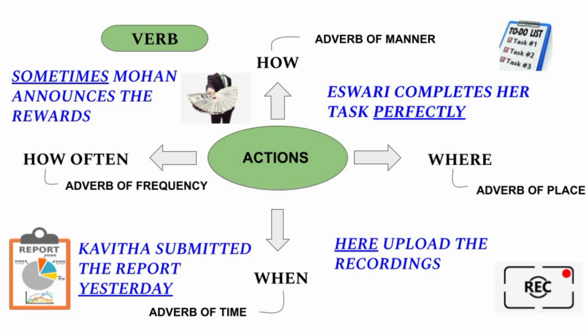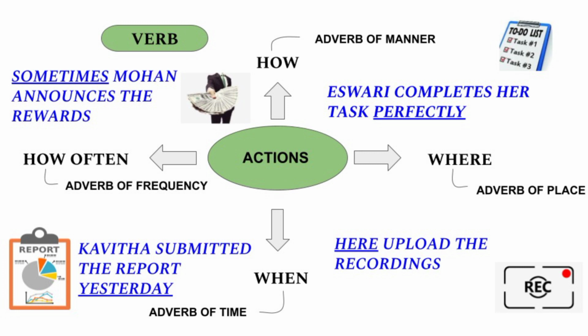There are four ways in which an adverb modifies the action. Firstly, we will see the adverb that describes how an action is performed. Here is an example: Ishwari completes her task perfectly.